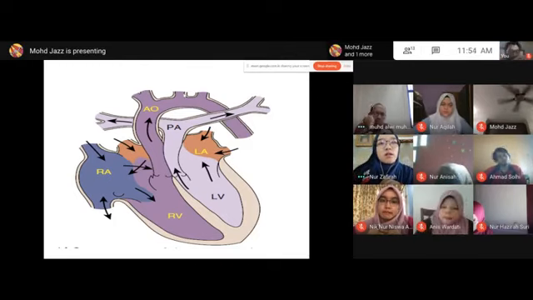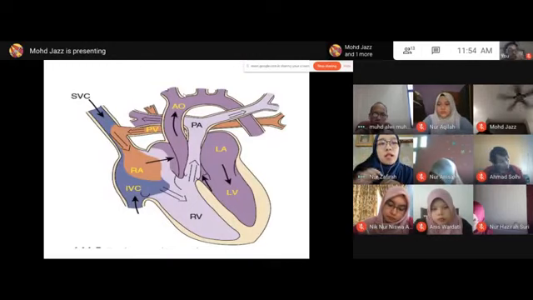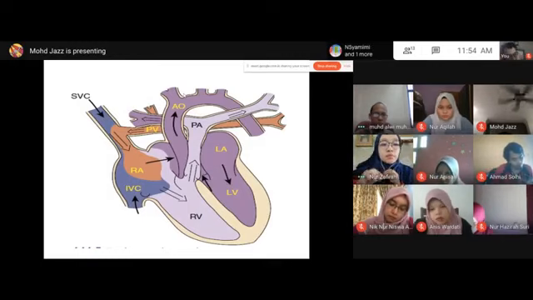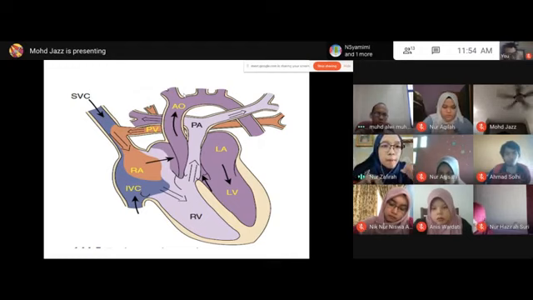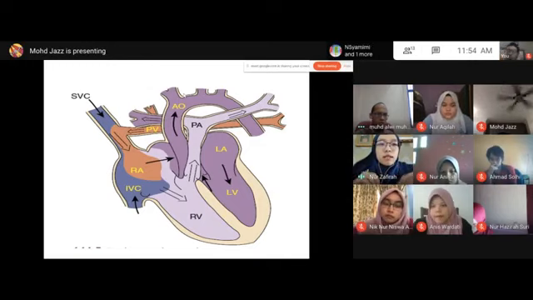So next is total anomalous pulmonary venous return. What is total anomalous pulmonary venous return? You can see from this picture that usually in a normal baby, the pulmonary vein is connected to the left atrium.